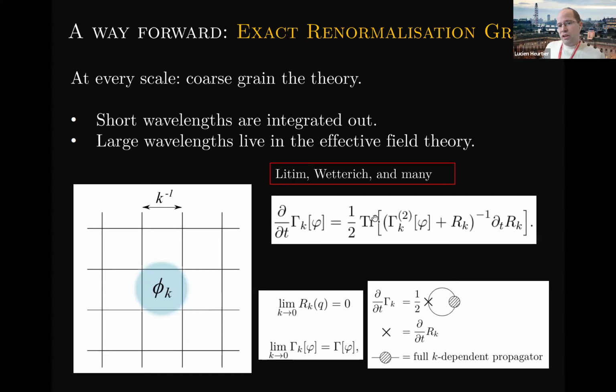Here, this is an integral over momentum. This is the second derivative of the action. And this is your regulator here, which needs to satisfy certain properties such that you recover your full theory without regulator when k goes to 0, and such that you can run down your flow equation smoothly.